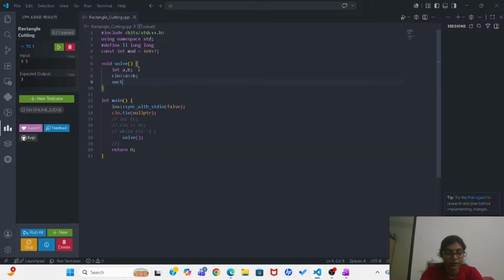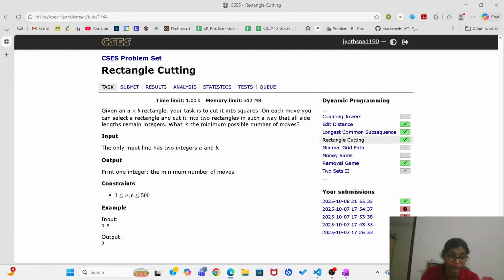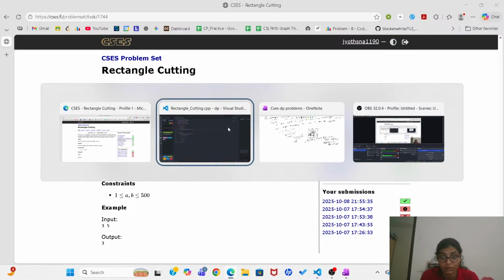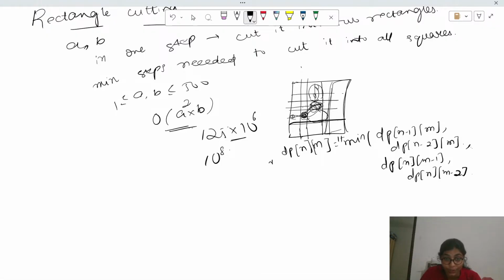And now a vector, a 2D DP, that would be. Wait. One important thing while solving any DP problem is defining the DP state, transition equations, base cases, and the final objective. I've just written the transition equation here nicely.